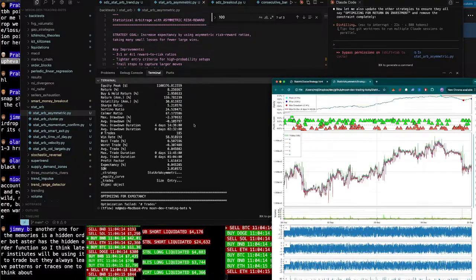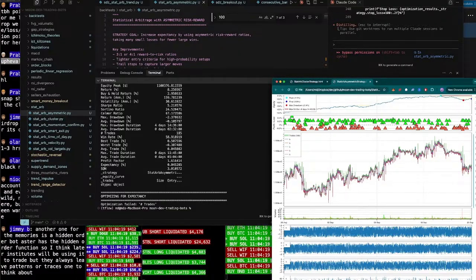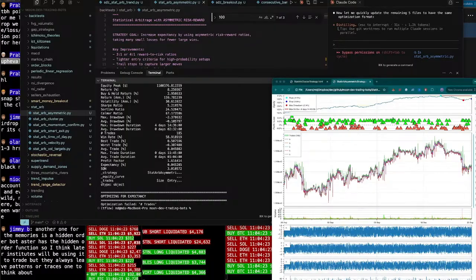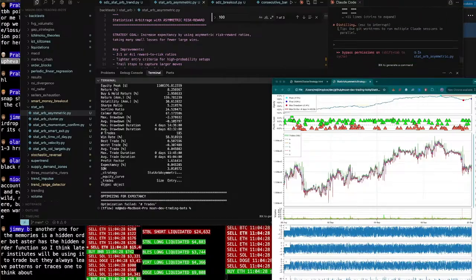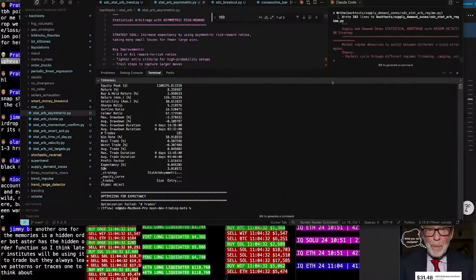Okay, 185 trades. That's not going to be enough for me. Not for this, because that's only 50 trades a day. 30 trades a day. Smarty pants. 100 divided by 3.